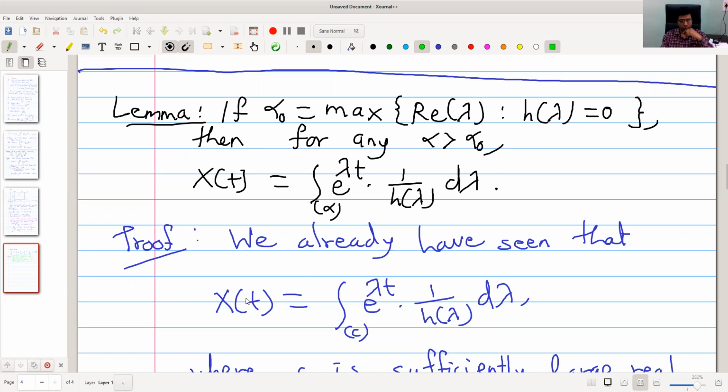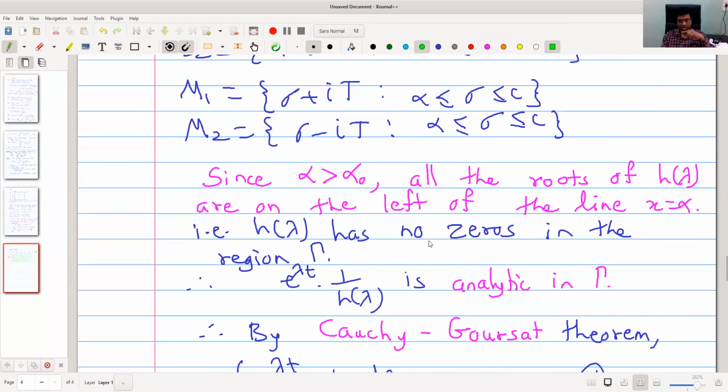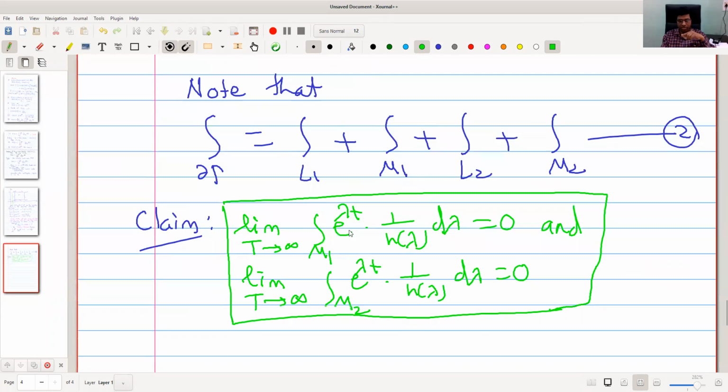We already have shown that capital X of t equals this integral, and we are going to show capital X of t can also be represented by this integral in terms of alpha. So we will show that this integral is the same as this one. For this, these two are important things. Okay, let us see.